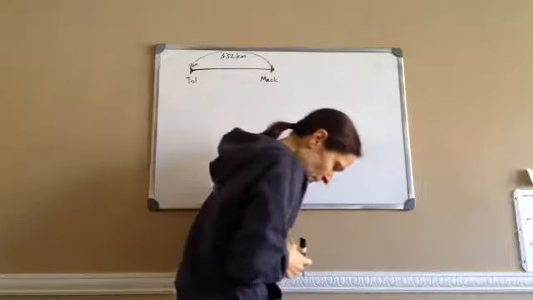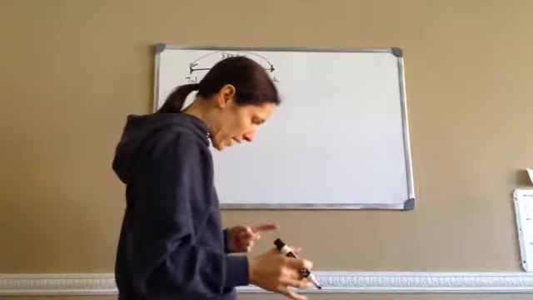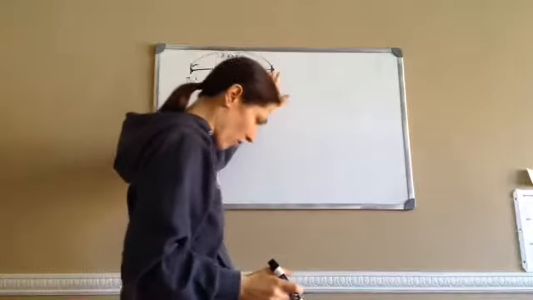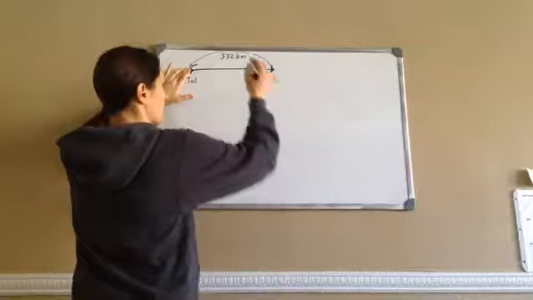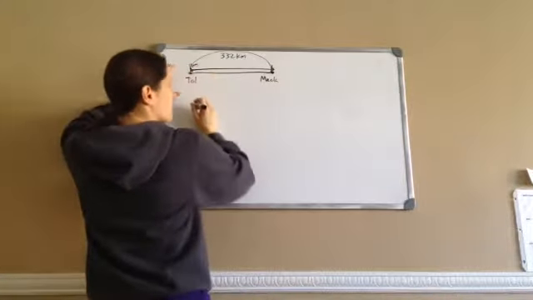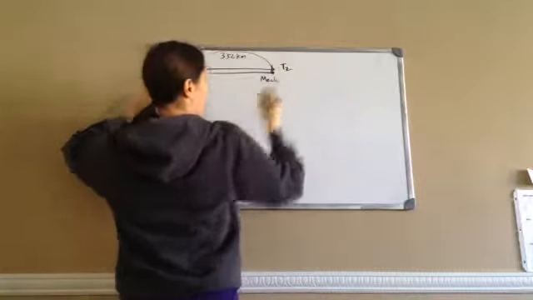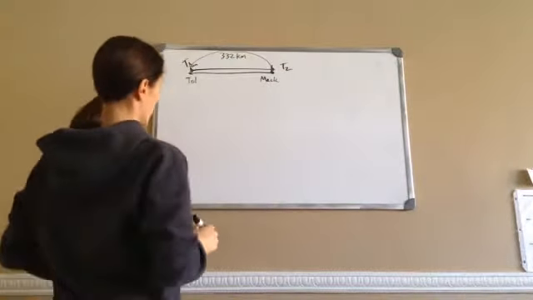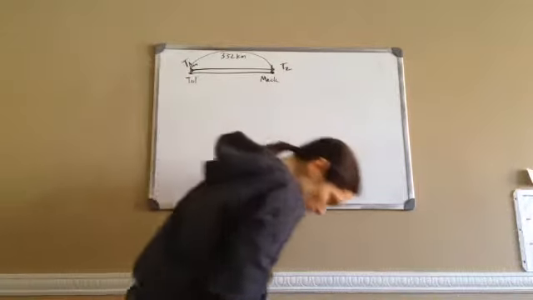Kilometers away. At the same time, another train leaves Mackinac and heads for Toledo. So here we go, we have another train going from here to here. So I'm going to name this one Train 1 and this one Train 2. Okay, one's going from Mackinac to Toledo and the other one's going from Toledo to Mackinac.